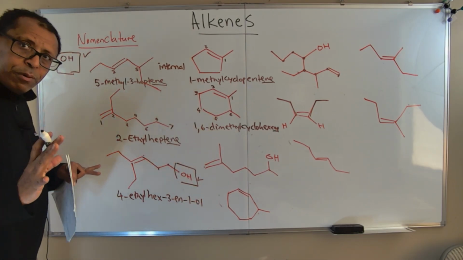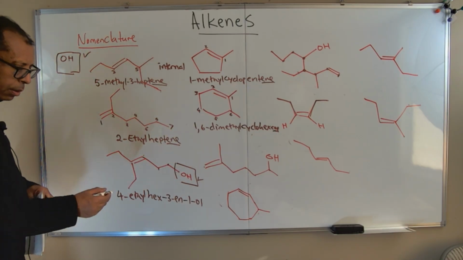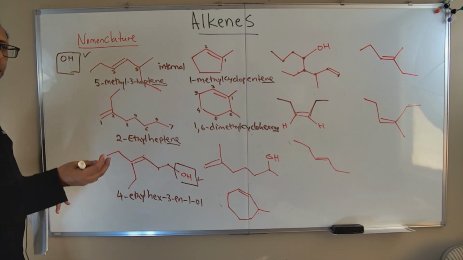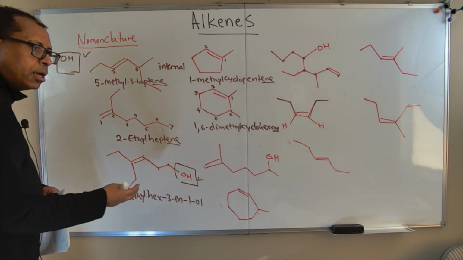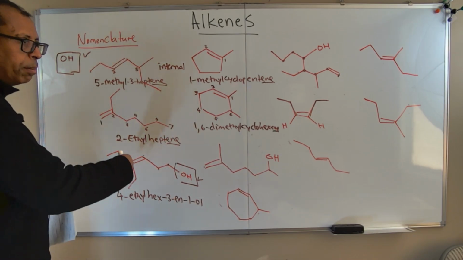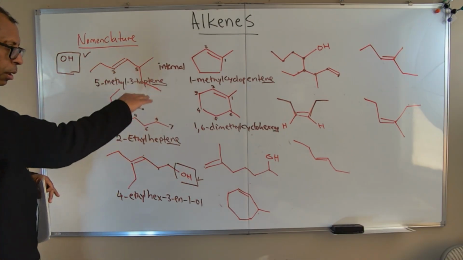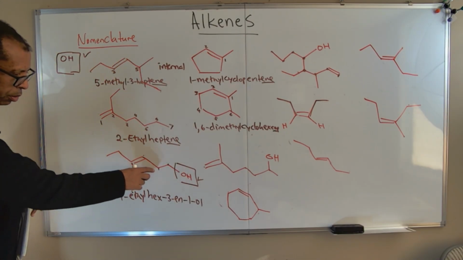So I will review this again. First you have to see the number of carbons. It would be hex, pent, hept, and so on. That's how you would name it. And the double bond gets the name en when you have more than 1 functional group. So at 4th position I have the ethyl group, which is this one.